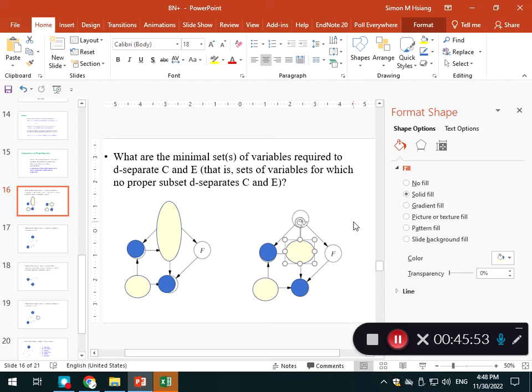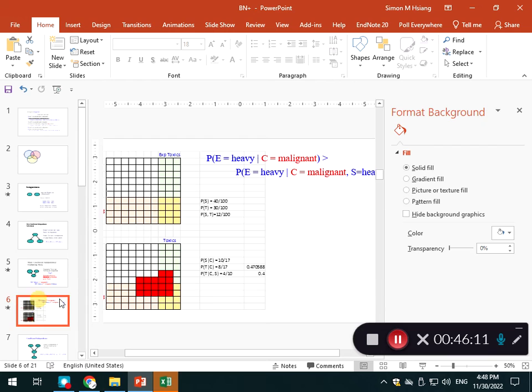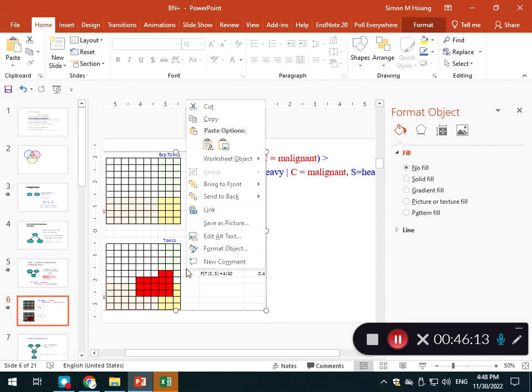No. The information is carried by the node, not the arrow. So blocking the node means that I take that information out. How I take it out mathematically, I'm basically showing you by framing the problem.